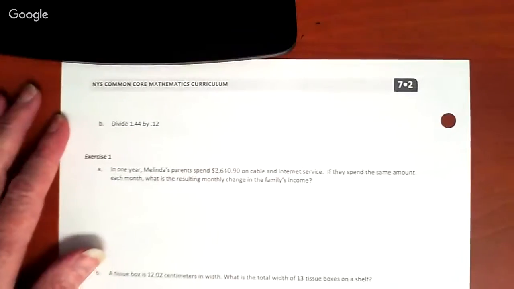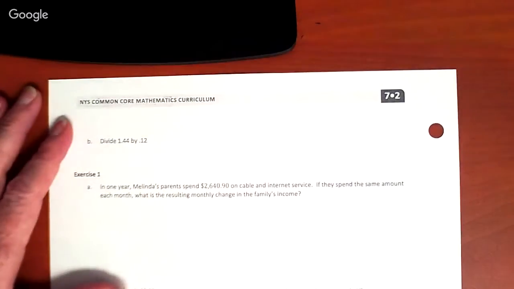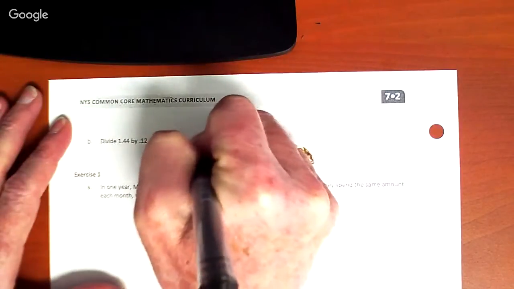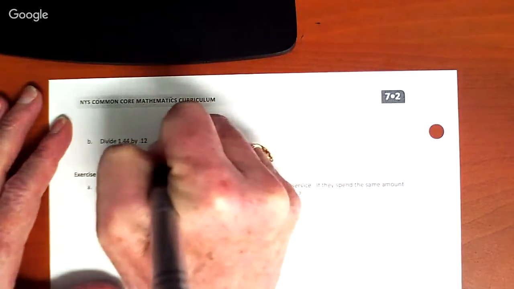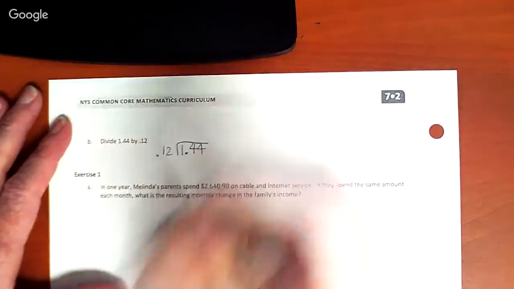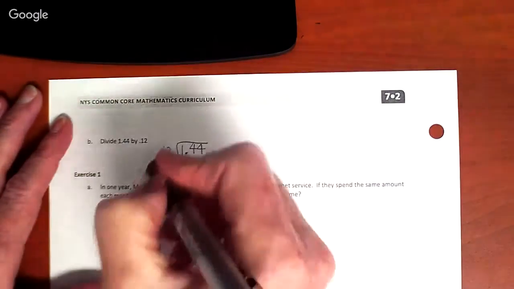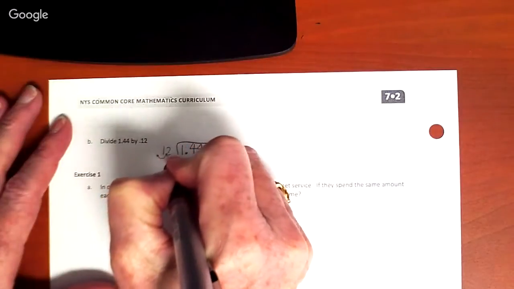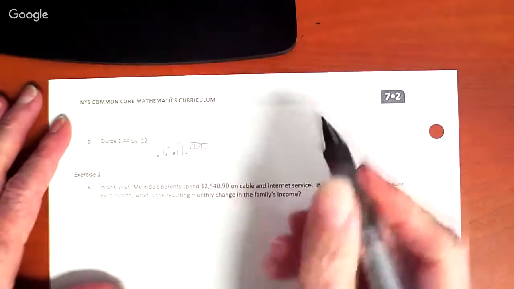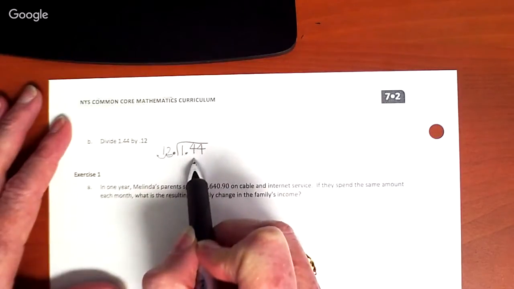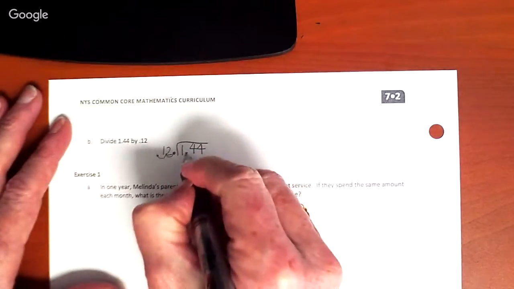Our next example, here we have 1.44 divided by 0.12. Well, remember, we can't divide by a decimal, so we have to make it a whole number by moving this over all the way until it becomes a whole number. Whatever we do to the outside, we have to do to the inside, so I'm going to move it over twice.